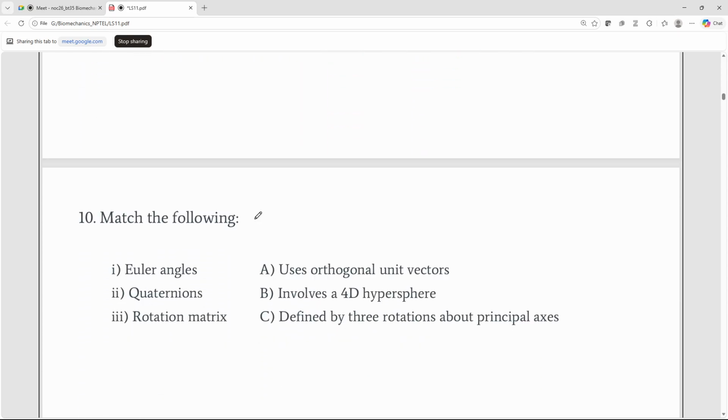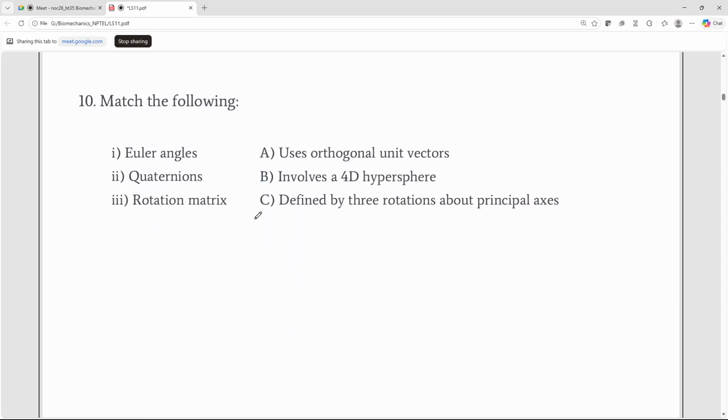Next question. Match the following. You have been given two groups, one and two. The first group includes Euler angles, quaternions, and rotation matrix. In the second box, A uses orthogonal unit vectors, B involves a 4D hypersphere, C is defined by three rotations about principal axis.